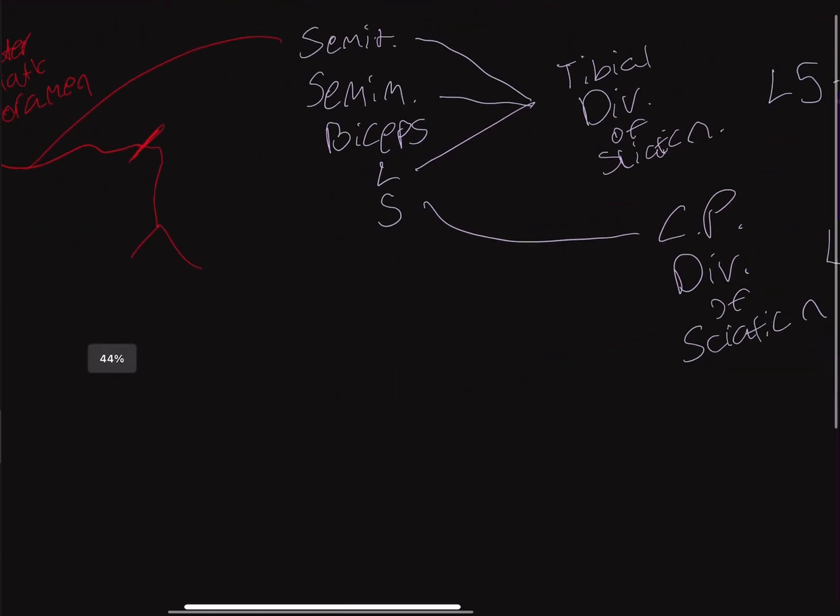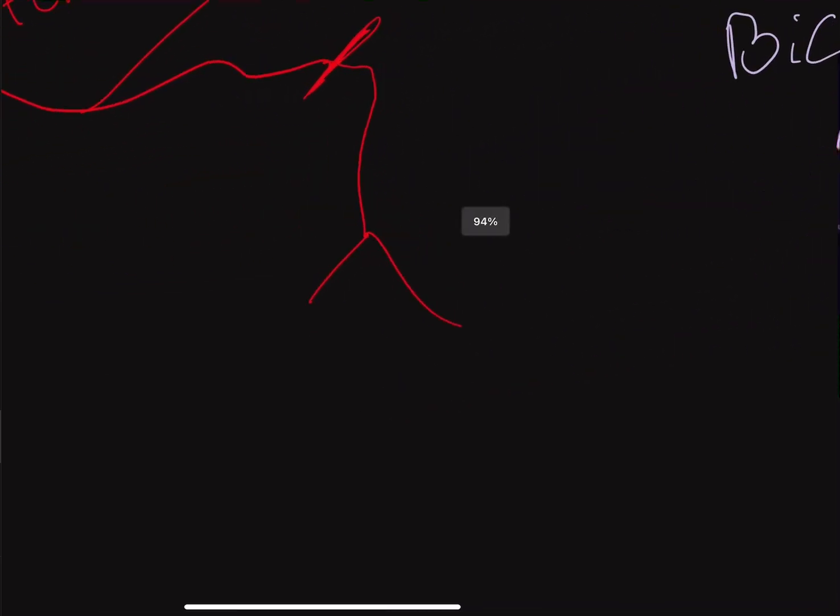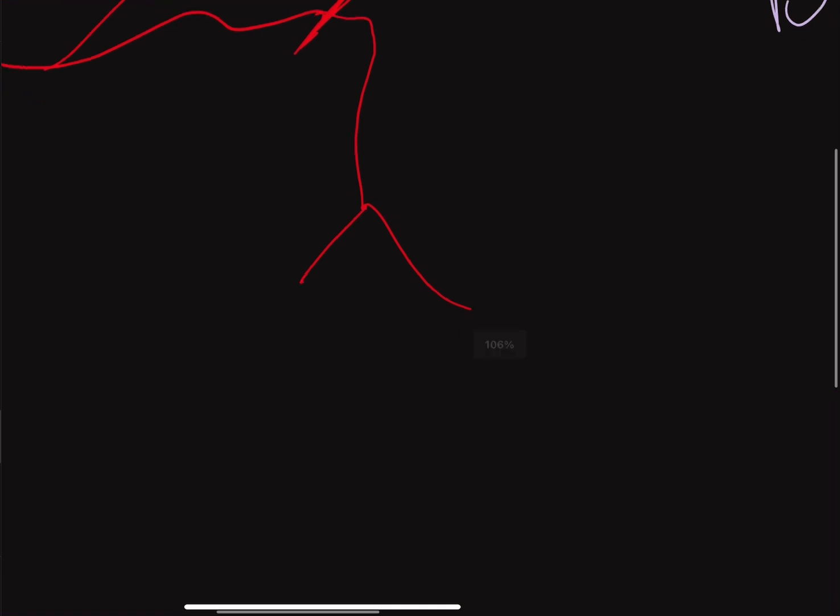So let's come back down here. Once it enters the popliteal fossa, it's going to turn into the tibial and the common peroneal. This is when it splits and becomes two.